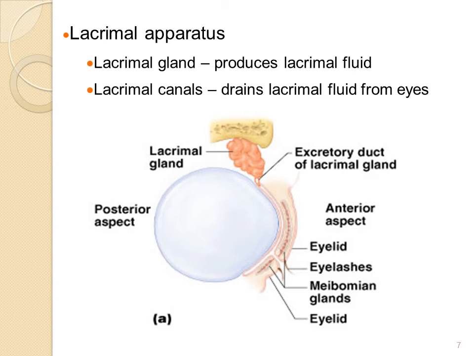In this figure you can see the lacrimal gland and the excretory duct of the lacrimal gland, and you can see the eyelid, eyelashes, and also the meibomian gland in this structure of the lacrimal apparatus. The lacrimal gland and lacrimal canal work together to produce and drain lacrimal fluid from the eye.